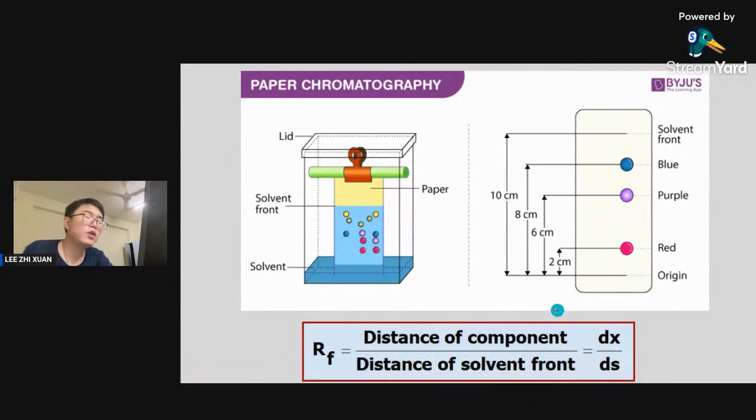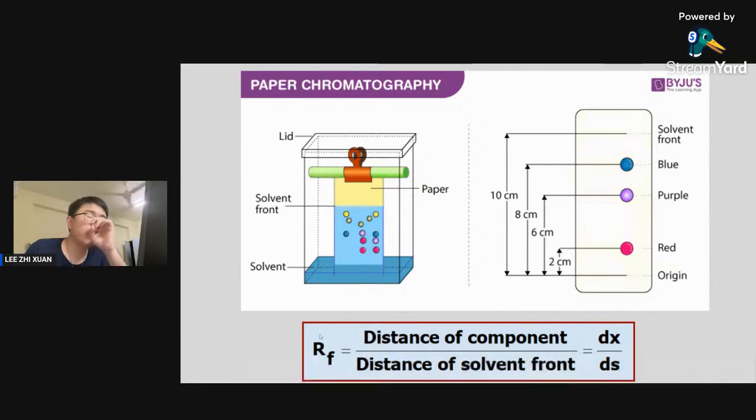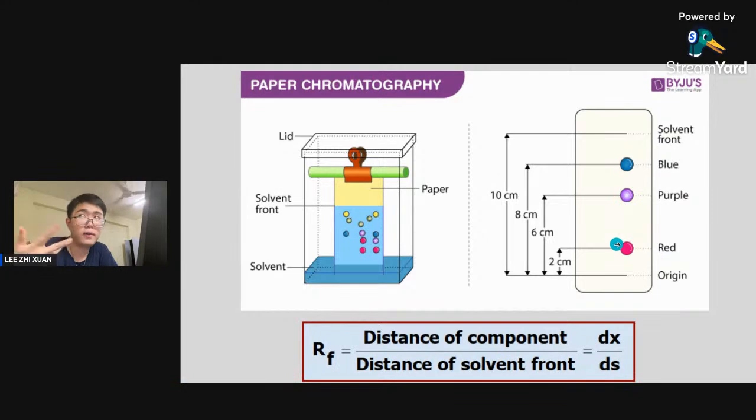And then you are required to calculate the RF value, right? So the RF value is the value to determine the distance, and also the separation. Whether your separation technique is good or not, and also to make a comparison between the chlorophyll pigments.